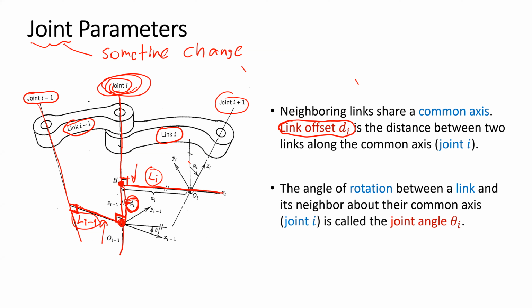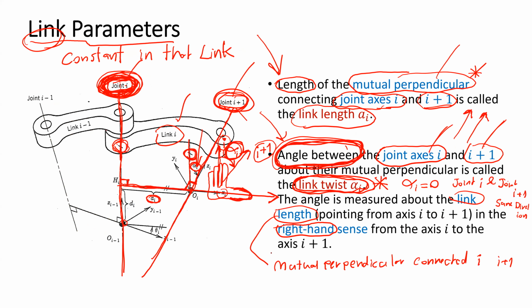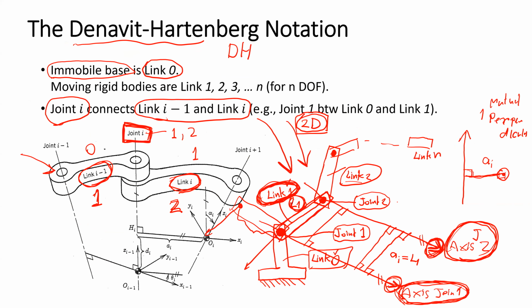We come back to the simple case when the robot arm is on a plane. Link 1 is on a plane, link 2 is also on a plane, and the mutual perpendicular that we consider is on the plane. If we don't have a distance between the mutual perpendiculars along the direction of the joint axis, the link offset will be 0.